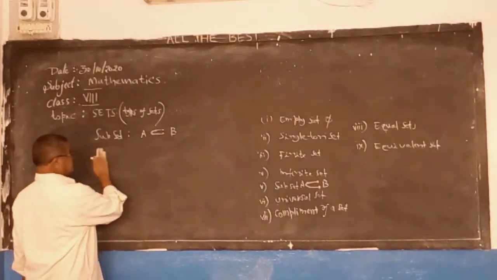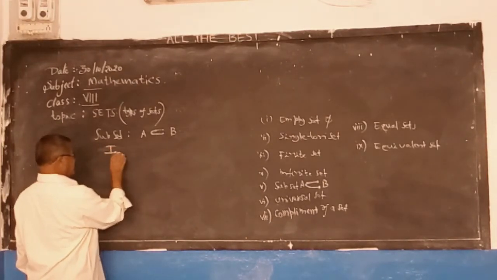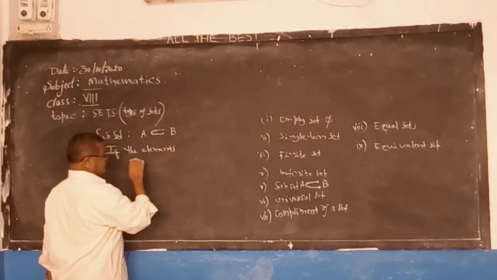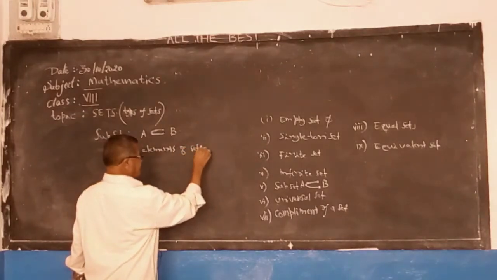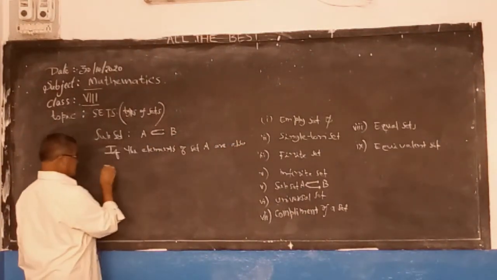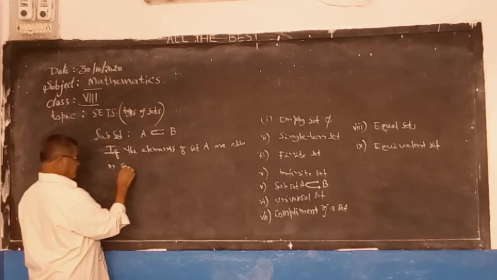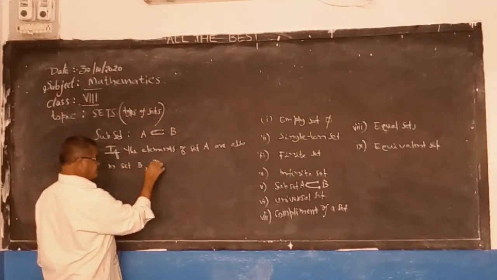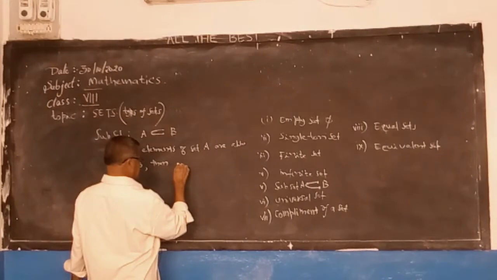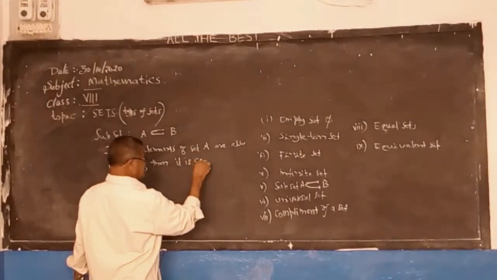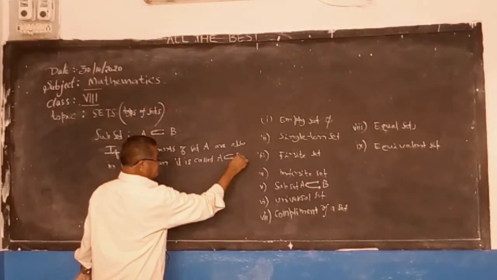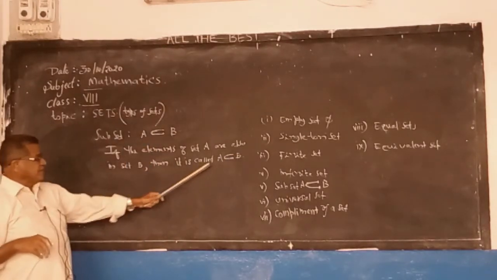If the elements of set A are also in set B, then it is called A is a subset of B.